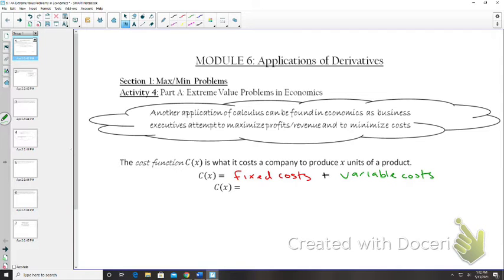The variable cost is going to be the price at which we sell those products. Fixed cost is going to be represented by F, and variable cost is going to be represented by X multiplied by the price of X.